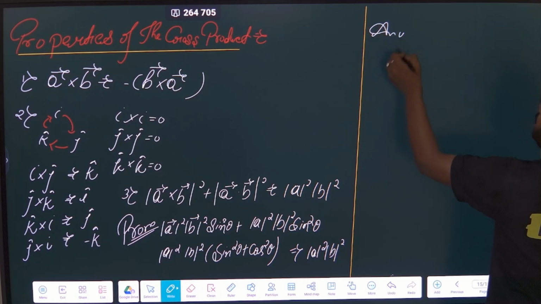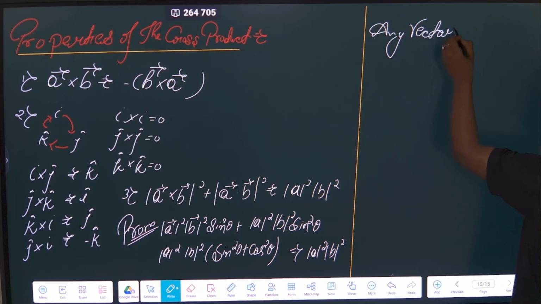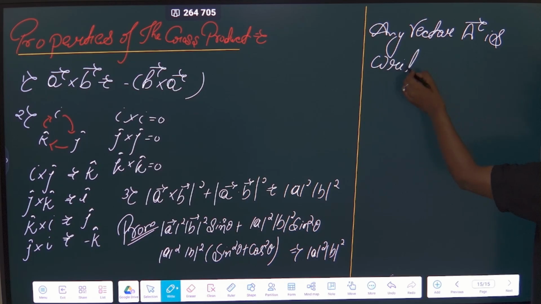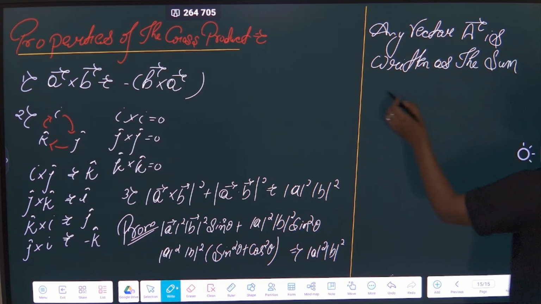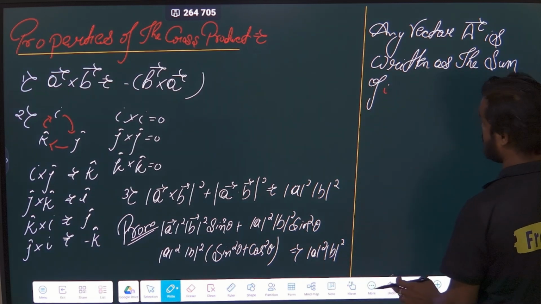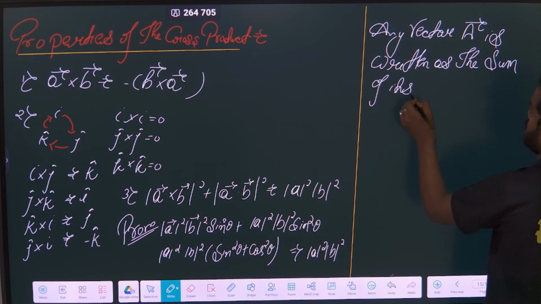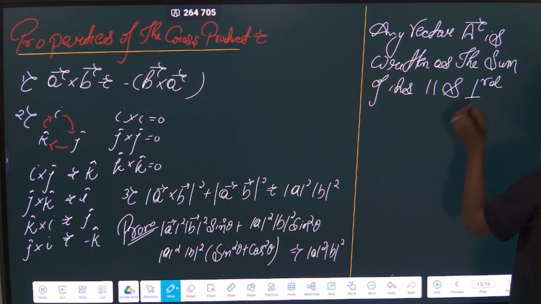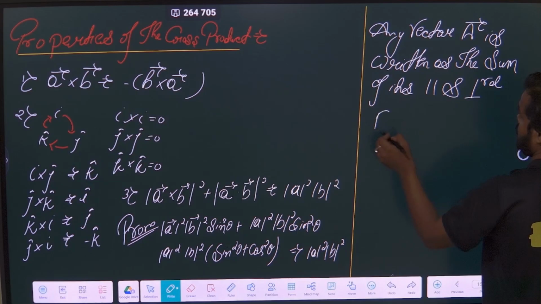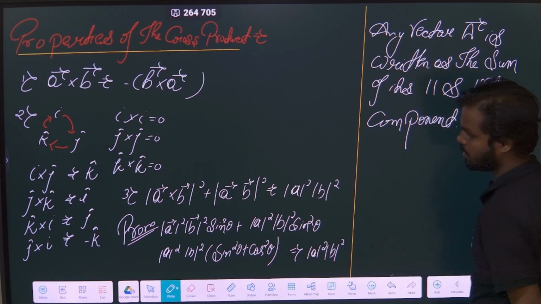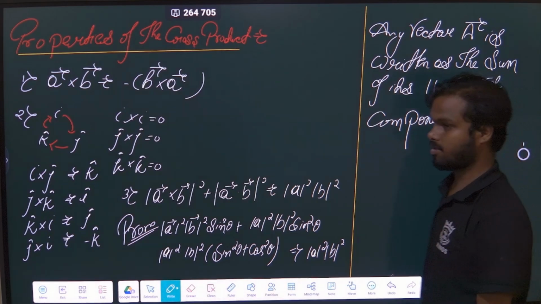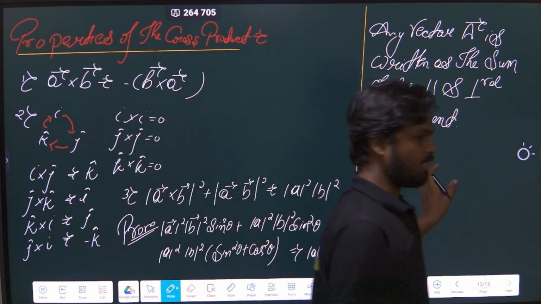Any vector A is written as the sum of its parallel and perpendicular components. I will take an example, then I will explain.